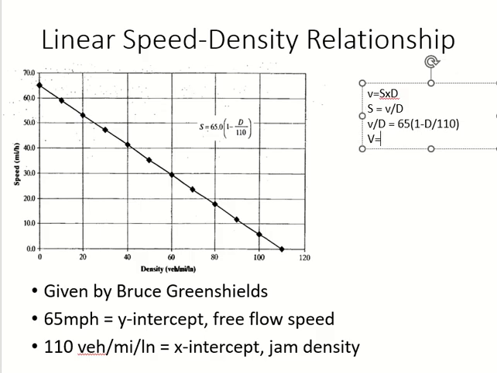Now tell me, V equals what? 65D times 1 minus D over 110. You open the bracket and multiply the D's: 65 D squared.